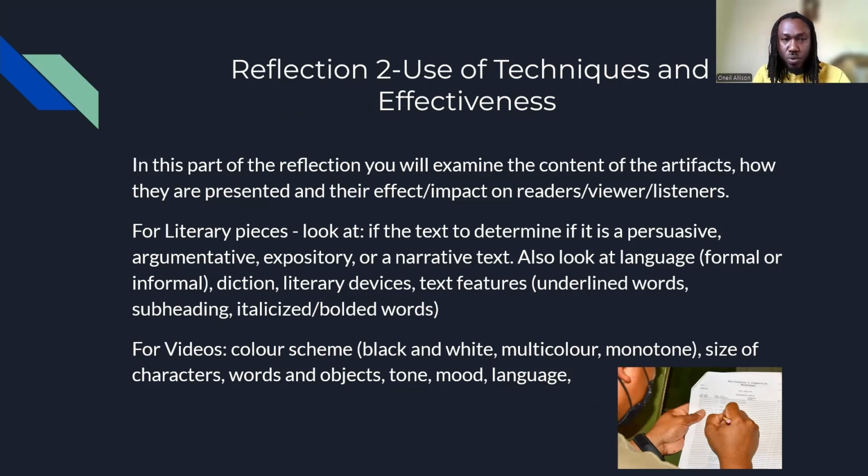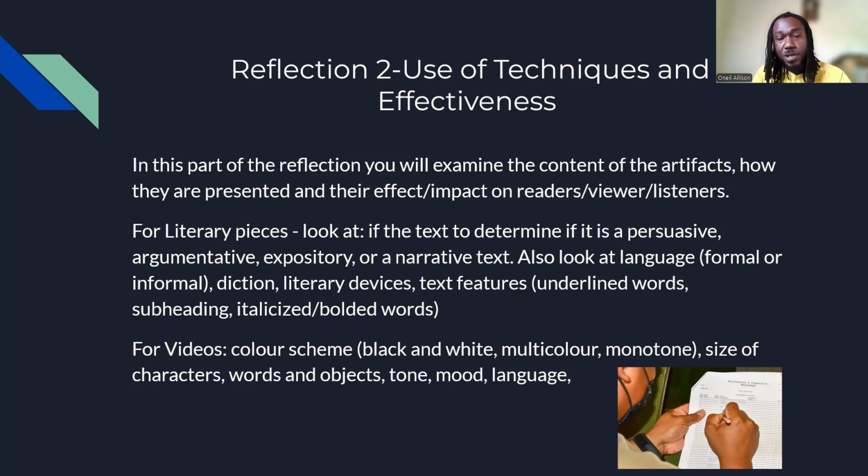So that's reflection two. So you want to look at two things, technique and effectiveness, all right? Those are the main two things you're looking at, the technique and the effectiveness of the techniques employed by the writer or writers.